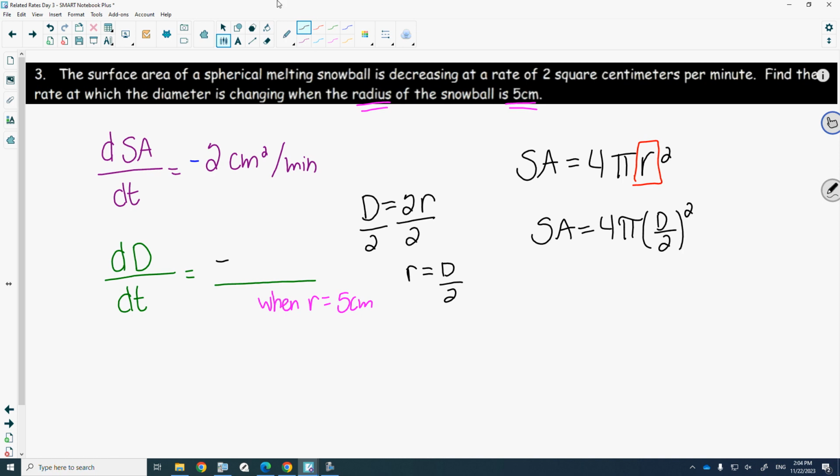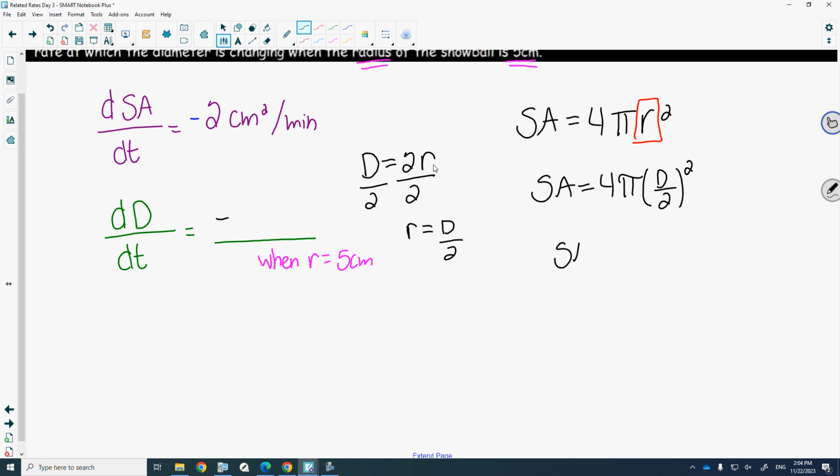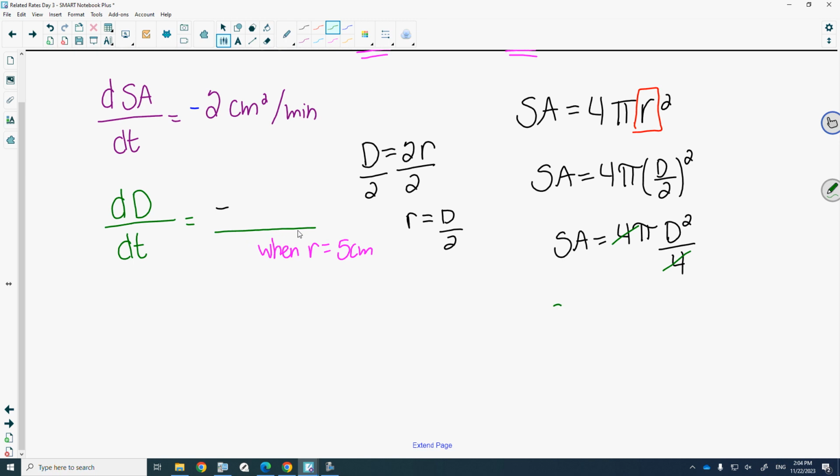Let's clean this up. The surface area is equal to 4 pi diameter squared over 4. And then 4 over 4 will cancel. And the surface area is equal to pi d squared. You guys, we could also change one thing because now I've related surface area to diameter.